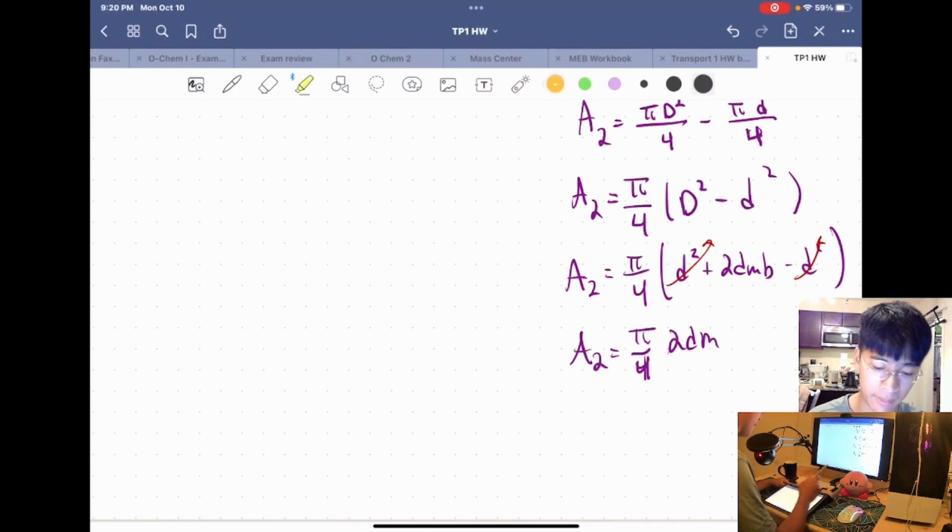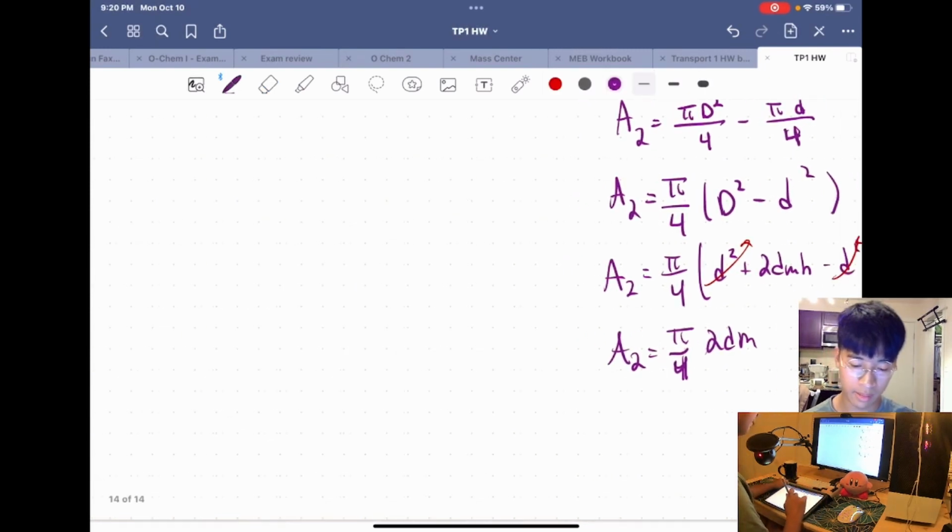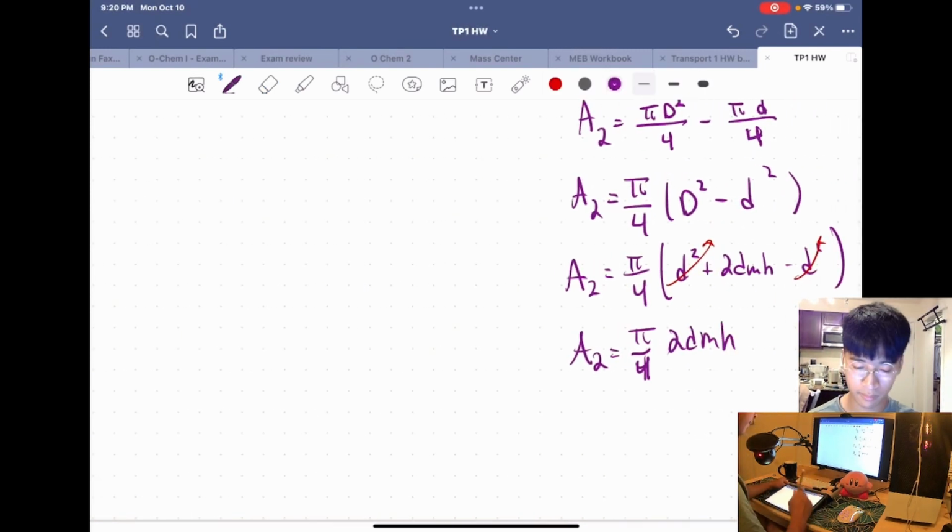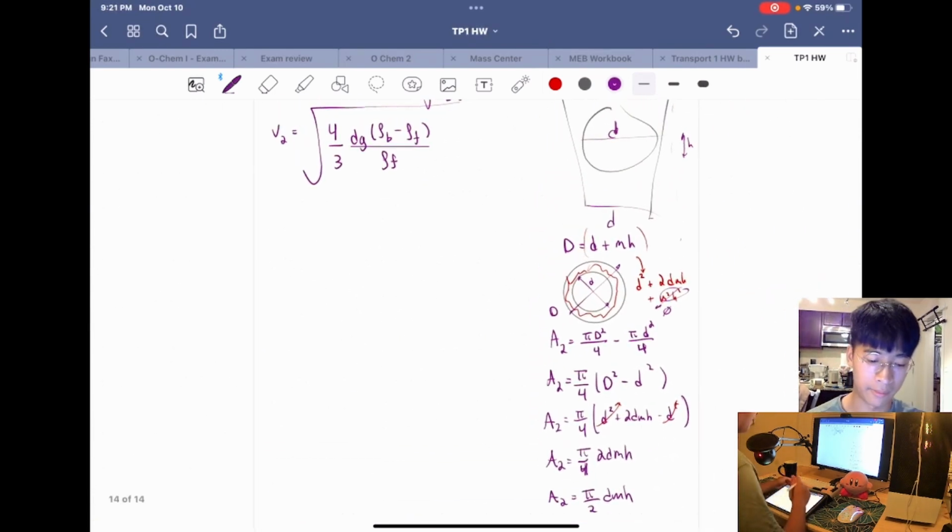I realized that my h looked an awful lot like a b there, so let's fix that. dmh. Therefore, A2 equals pi over 2 dmh. Now, that was a lot of algebra.